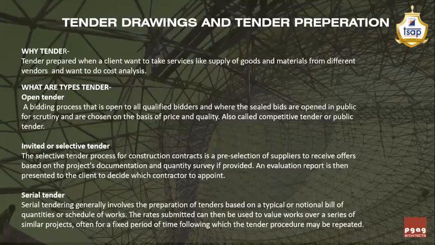Now, in case of invited tender, the client is aware of who all are the contractors who are best in that particular work. He gives the invitation to only the selected contractors, and the bids are invited only from the selected contractors.